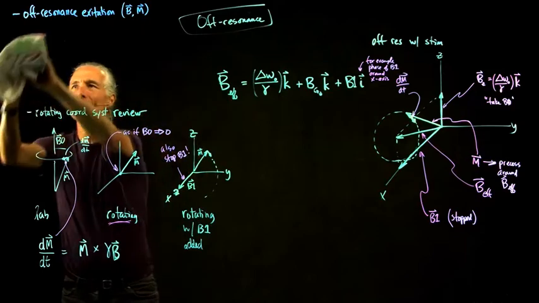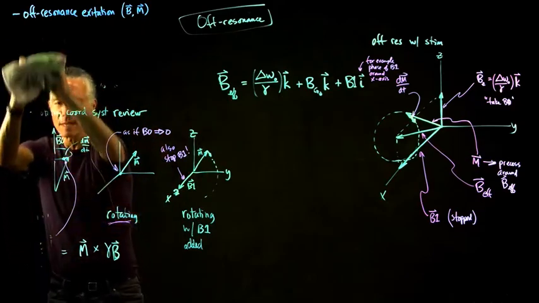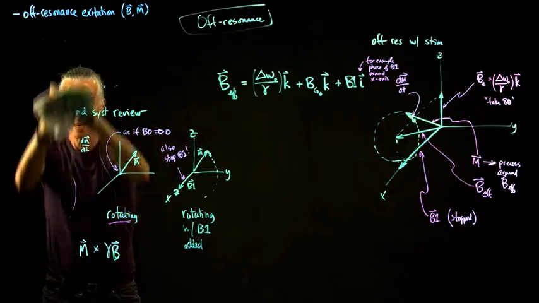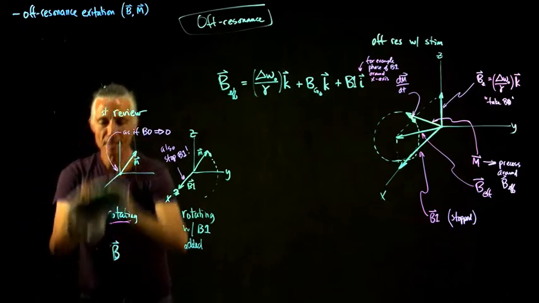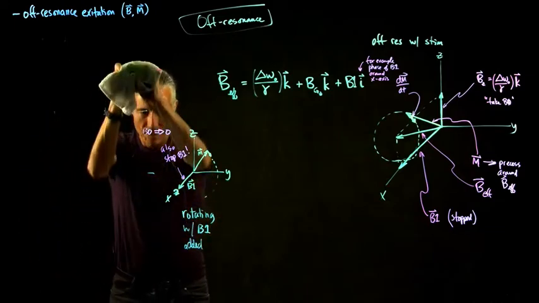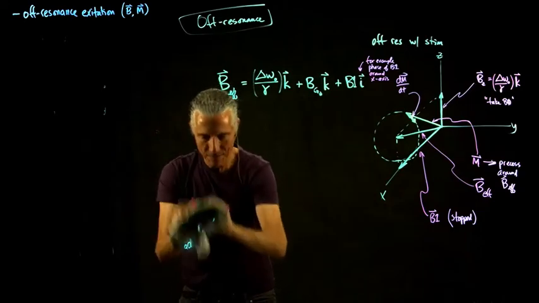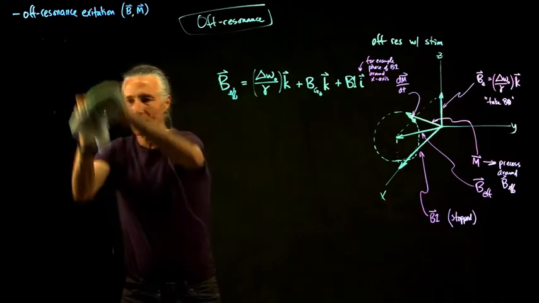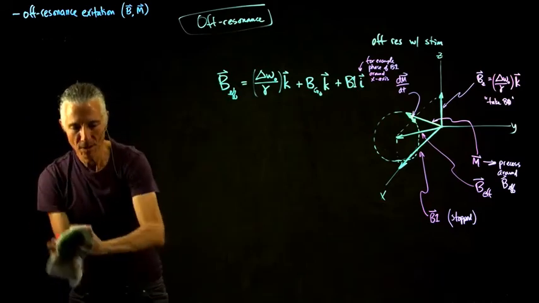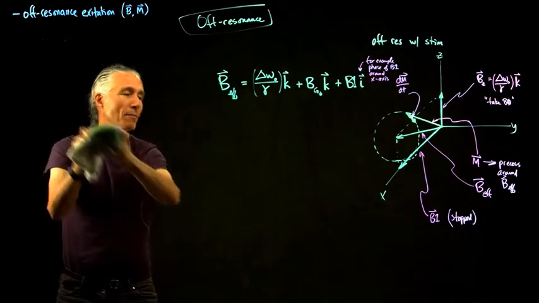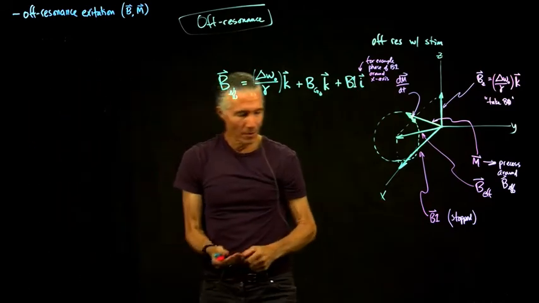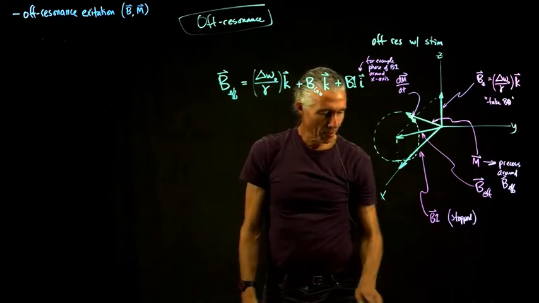You could actually do inversion recovery. You could do a 180 degree flip using this off resonance method. So before we do that, let's consider two other situations.